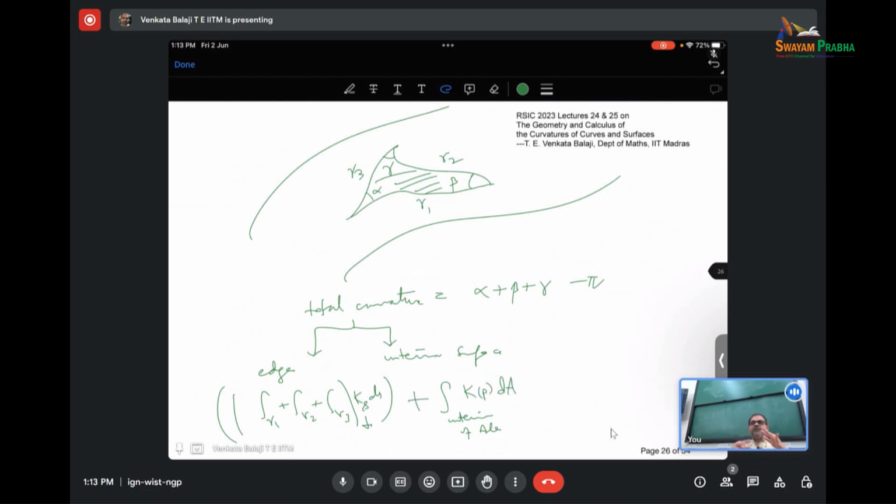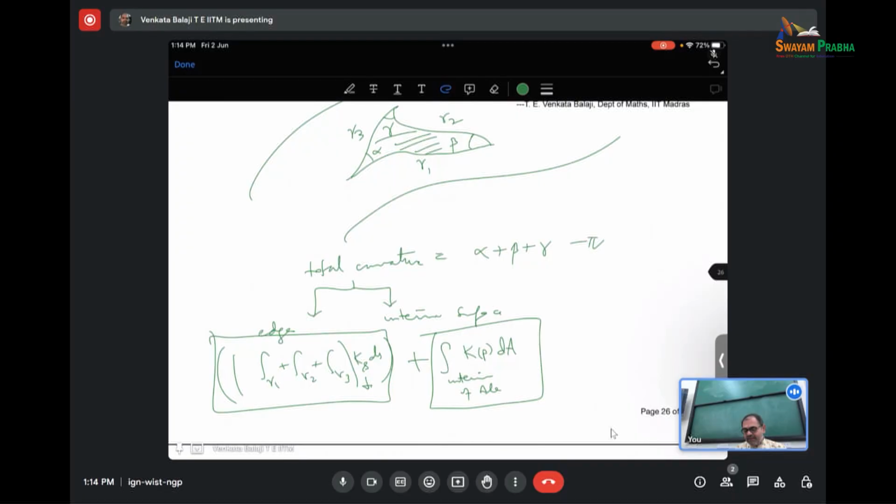So what I want you to understand is that the total curvature now has two terms. There is a curvature due to the two-dimensional surface that you have to add, and that curvature is a Gaussian curvature. Then at the edges also you have to add the curvature. And these edge curvatures have to be taken carefully. They are what are called geodesic curvatures.